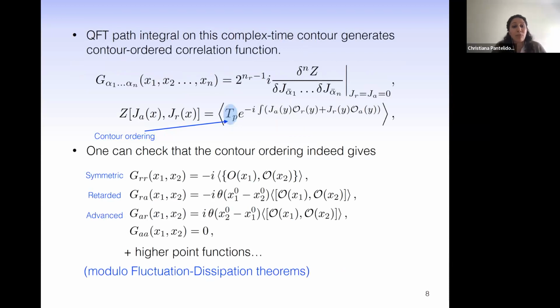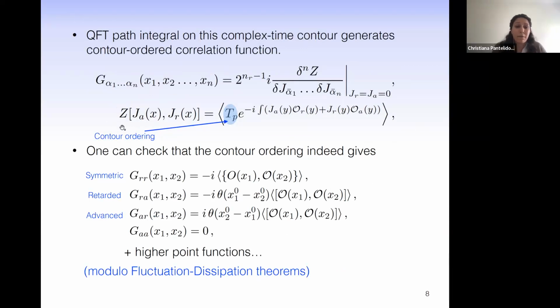Now, with this notation at hand, we can write down the generating functional that we wanted for our quantum field theory that now depends on the sources JA and JR, and it takes this form here. So the sources and the operators appear in this exponent in this particular way, and TP here is the contour ordering operator.